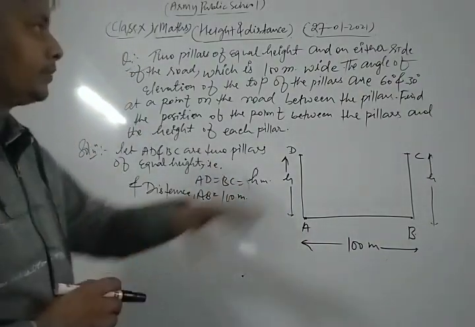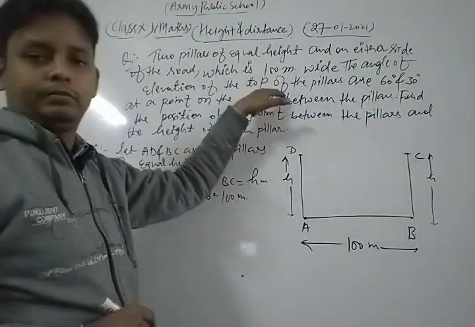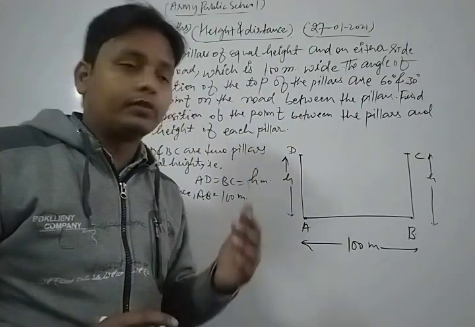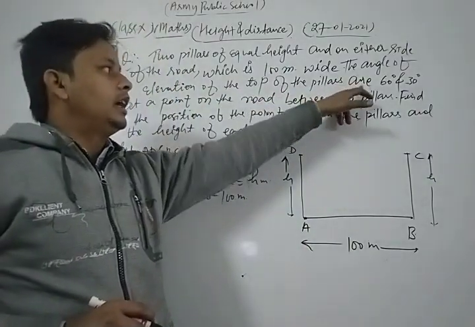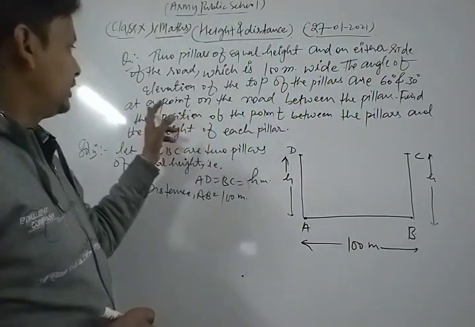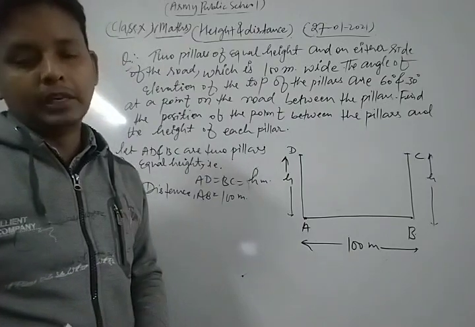Now the angles of elevation of the top of the pillars are 60 degree and 30 degree at a point on the road between the pillars.